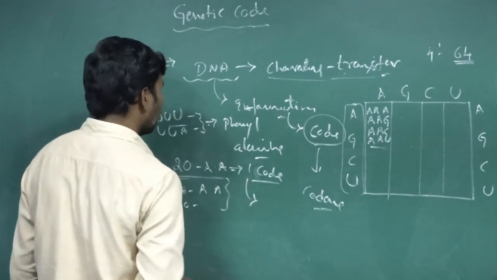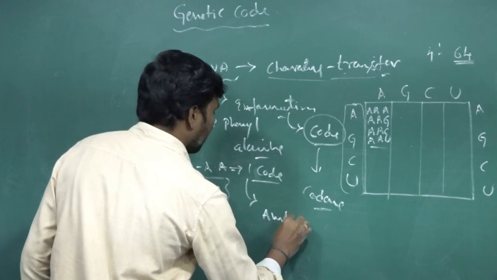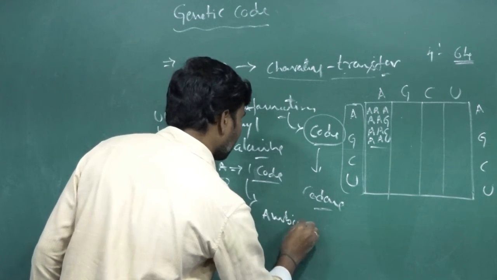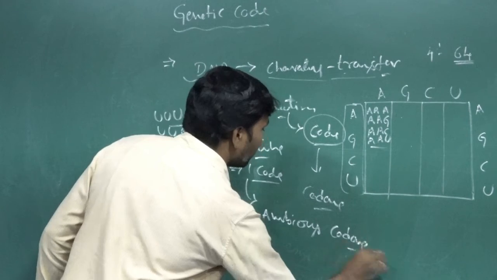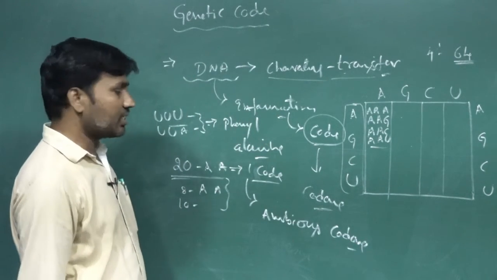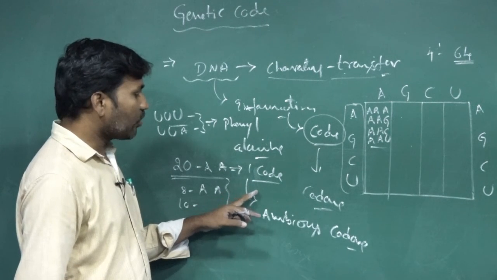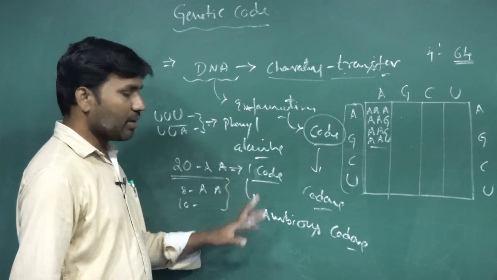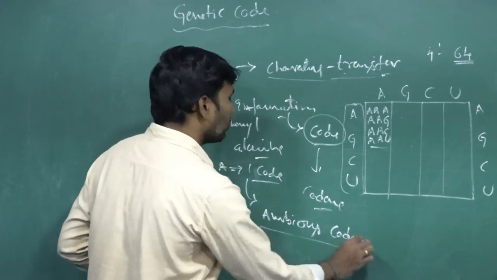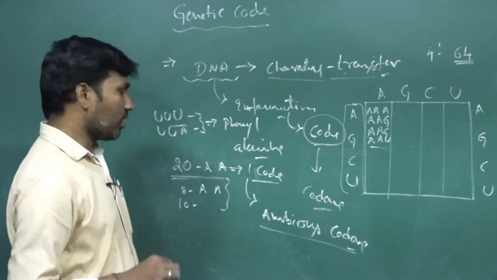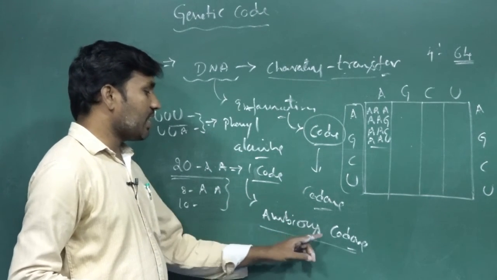This type of codon, or this type of amino acid, is called an ambiguous codon. That means one amino acid is coded by only one codon. Those amino acids are called ambiguous amino acids, and those codons are ambiguous codons here.